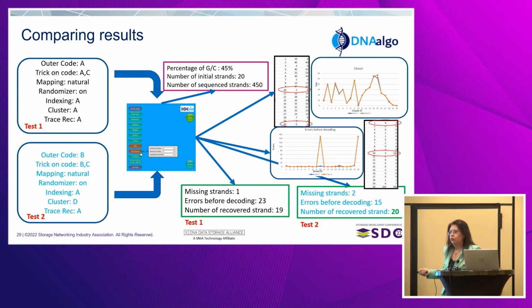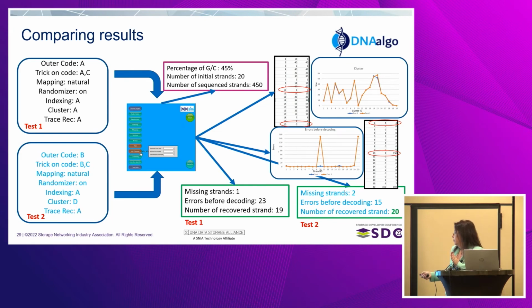While with test 2, we had two missing strands, maybe because the clustering algorithm that we used was not as good. But other algorithms that we used together with the clustering, for example the outer code or the tricks on the code, were so good that we had a fewer number of errors before the decoder.